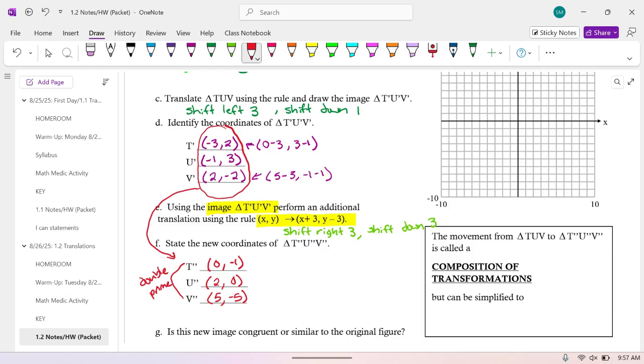So remember, all you're doing is plugging in the x and y of the primes into the x and y spots of the rule.